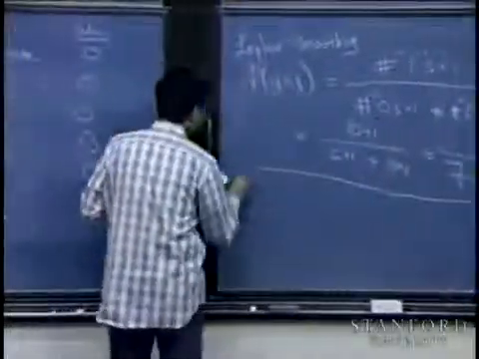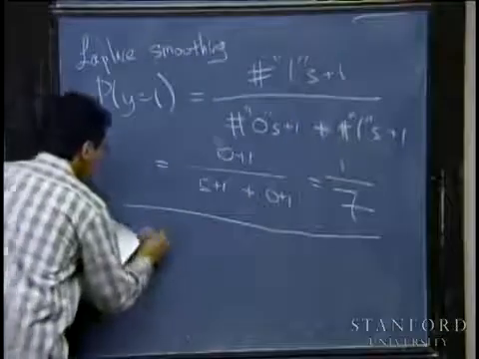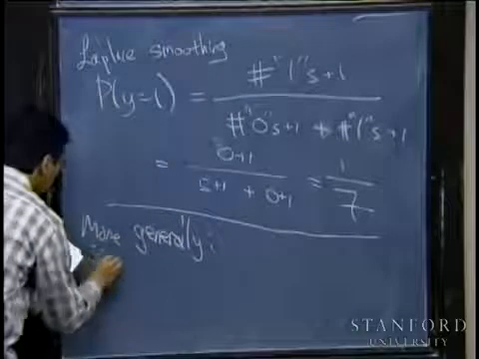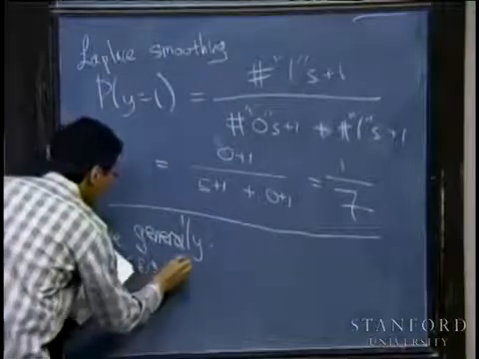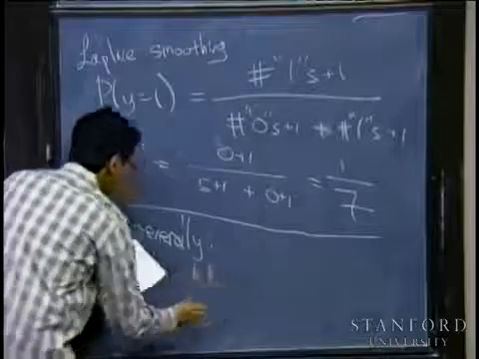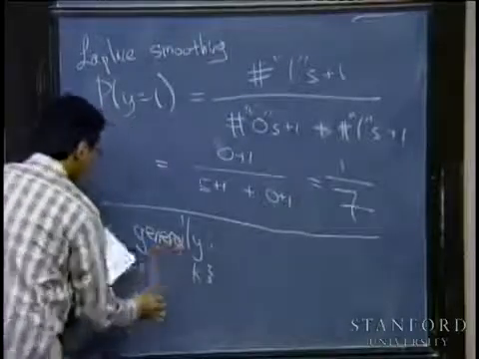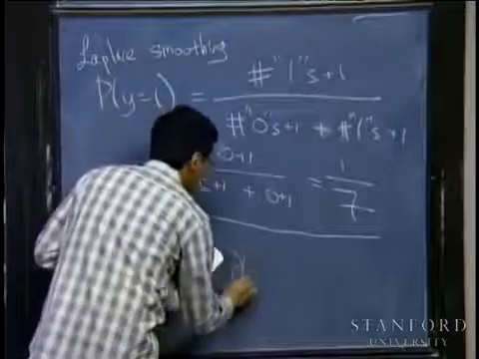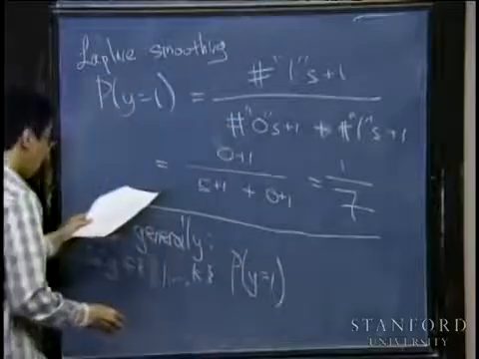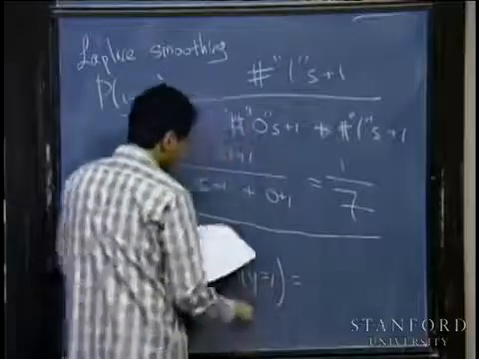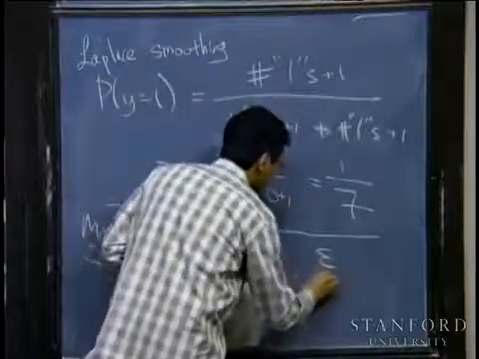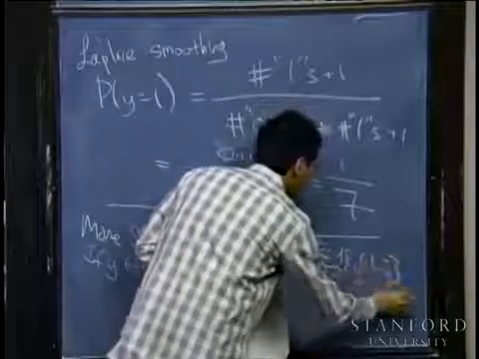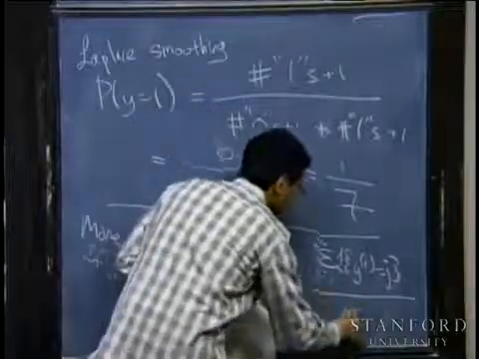And more generally, if y takes on k possible values, if you're trying to estimate the parameter of a multinomial, then the maximum likelihood estimate is the sum from i equals 1 to m of the indicator that y^(i) equals j, divided by m.